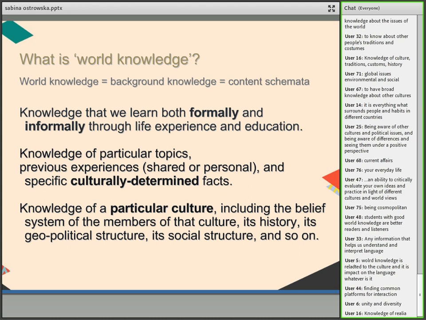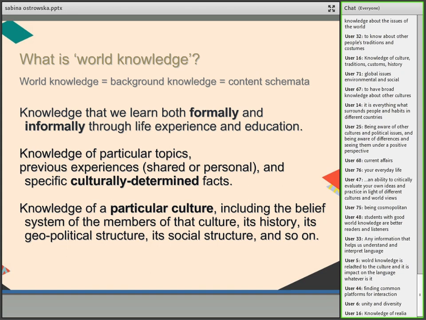They are synonymous. So first of all, I thought that world knowledge, it has to be pointed out that these are things we learn both formally and informally. Formally, of course, we learn a lot of things about geography and history and social studies and culture in school. We learn a lot in our primary and secondary school and at university.